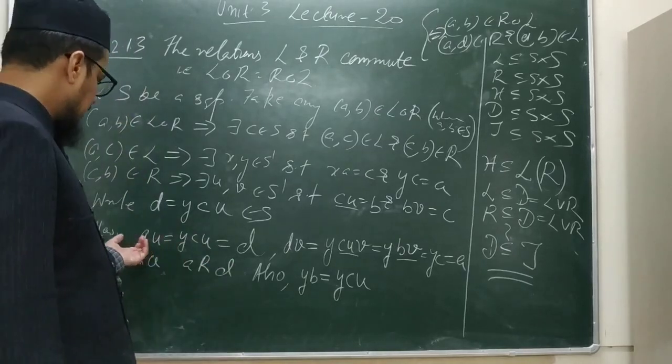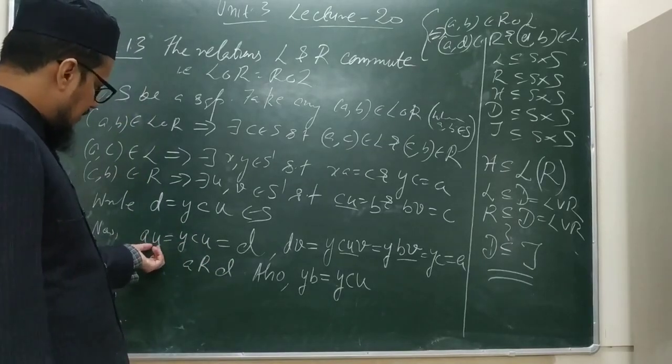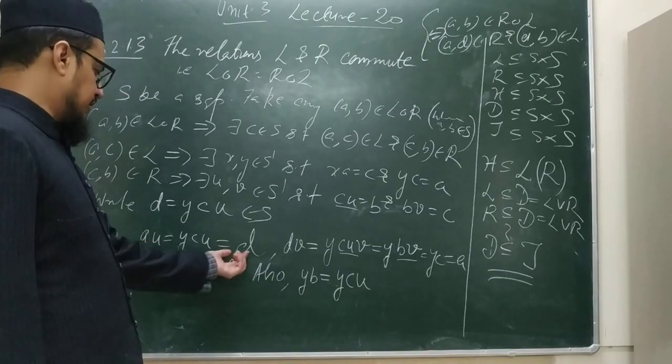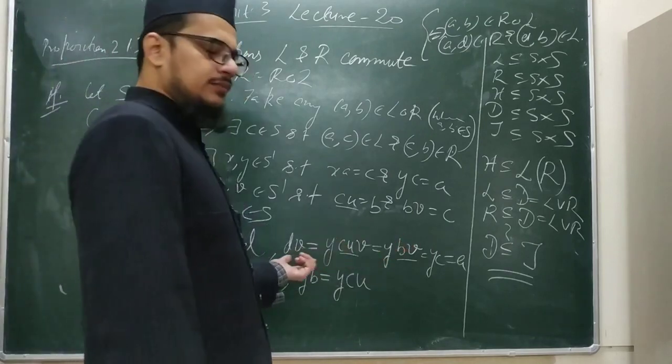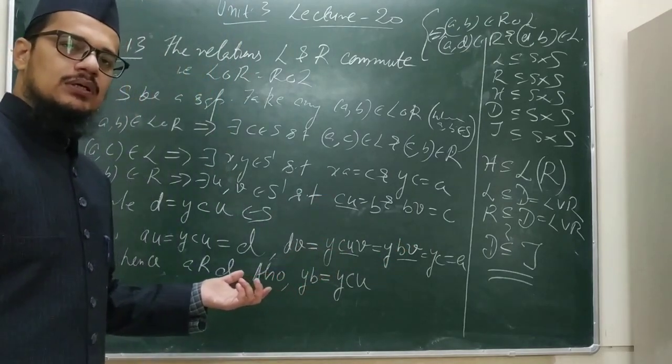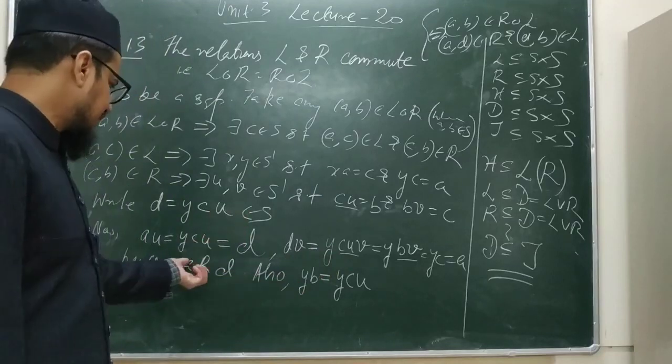Why? Because when we are multiplying A on the right side, AU is equal to D we are getting, and DV is equal to A. So it is satisfying the criteria of relation R. So that is why ARD.